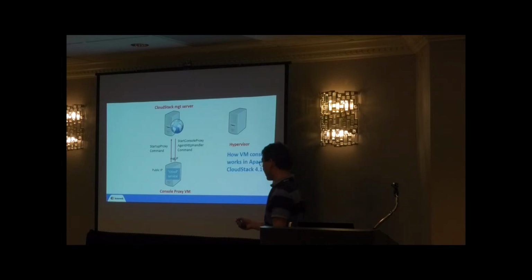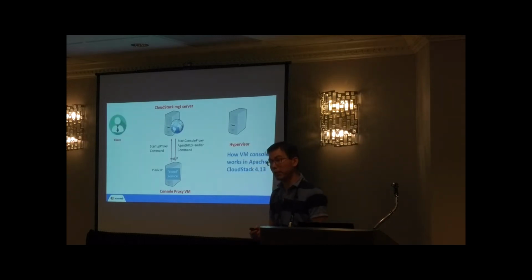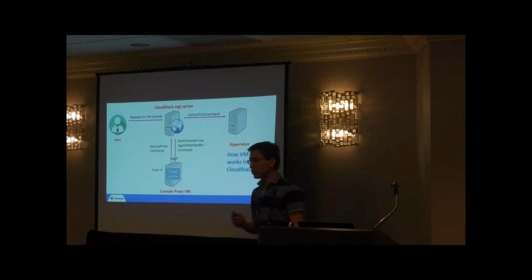So the cloud service in the console proxy VM will start the console proxy agent, and if we try to access a console of a VM from our browser, it will send a request to the management server, and the management server will send a command to the hypervisor where the VM is running, and the hypervisor will send back the answer to the management server.